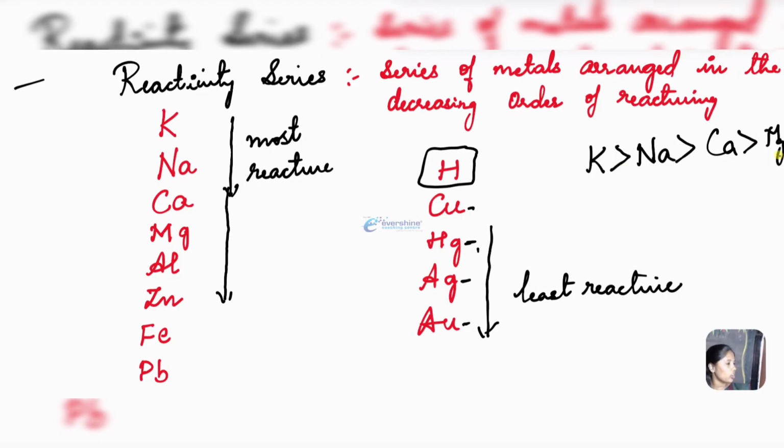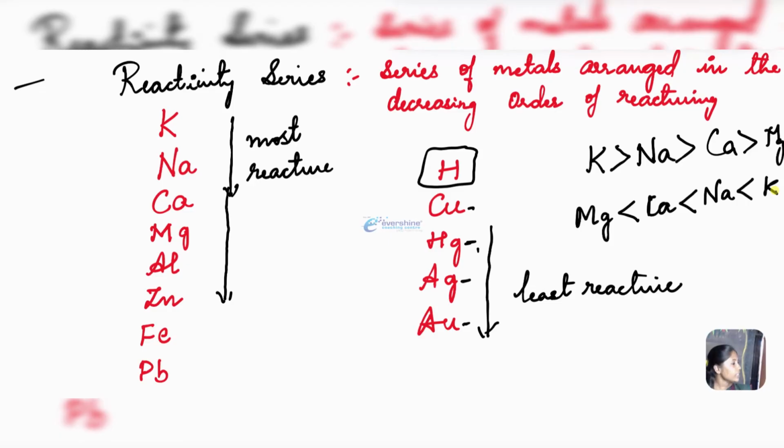If they ask you to write in increasing order, how will you write? First you should write magnesium, less reactive, then calcium. Calcium is less reactive than sodium. Sodium is less reactive than potassium. So like this, they may ask you to write increasing order or decreasing order of their reactivity.